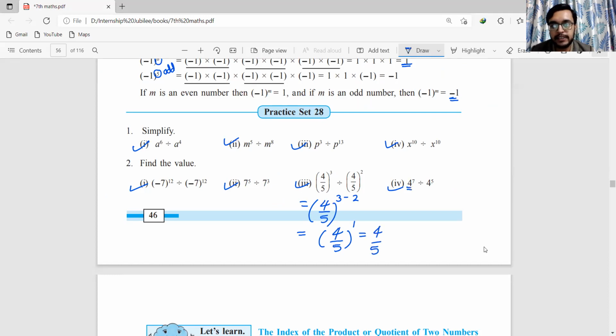Here the base is the same and division is there, therefore we take the difference of power. That is 4 raised to power 7 minus 5, which is 4 raised to power 2. 7 minus 5 is 2, therefore 4 into 4 is equal to 16.